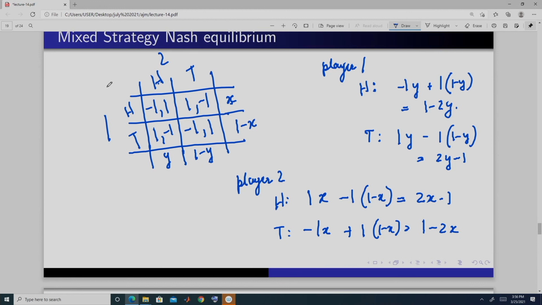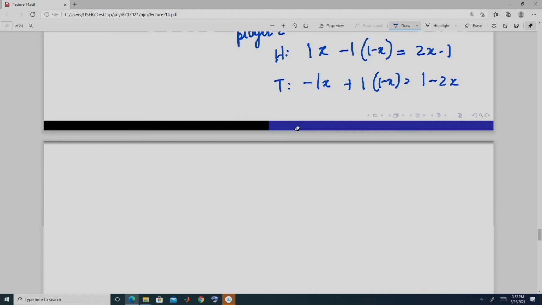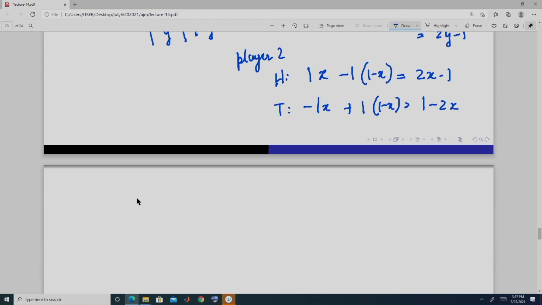Now, when a player is going to attach probabilities, let us look here. Player 1 is going to play head if the payoff from head is greater than the payoff from tail.